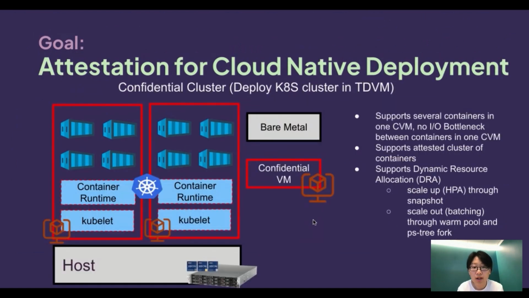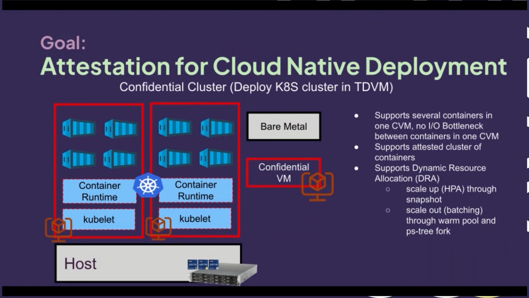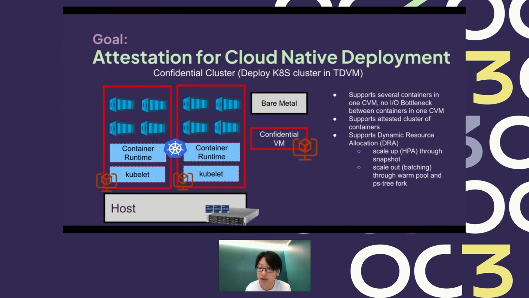So our goal here is to support attestation for cloud native deployment. What we are going to do here, we want to support several containers in one CVM, which will in return make the IO bottleneck lower.